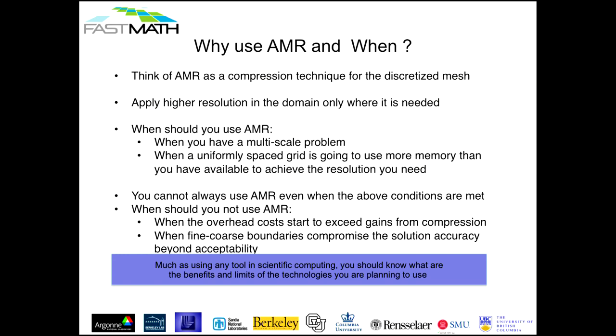This is good when you have lots of scales in your problem. So if you look at the previous one, you had intense shocks. Well, around intense shocks, Godunov's theorem tells you that you're always going to be dropped to first order. If you have a discontinuity in your simulation, you can't do better than first order accuracy.